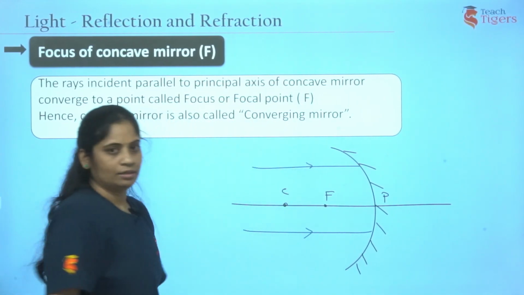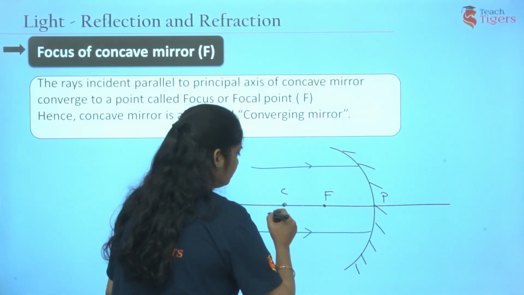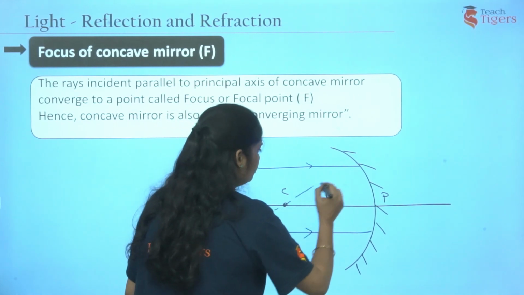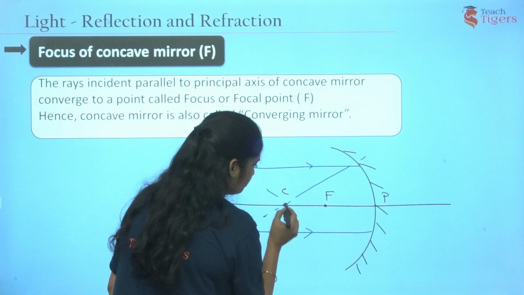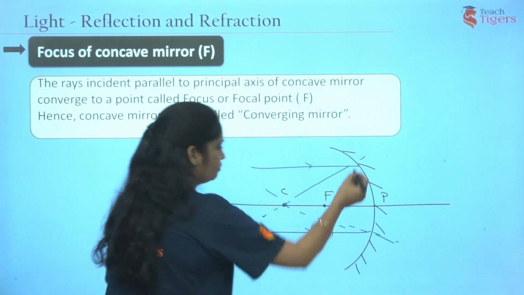So when you draw the parallel rays, you know the normal line, is it? So how do you get the reflected rays? You draw the normal line. This is the normal line which is passing through the center of curvature.